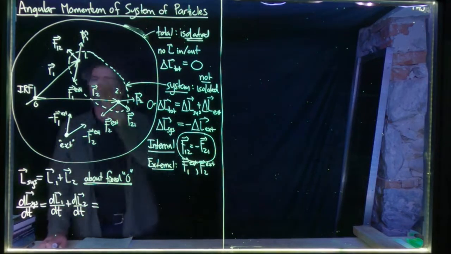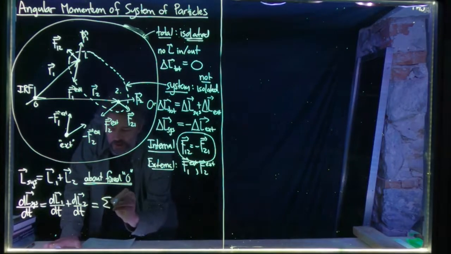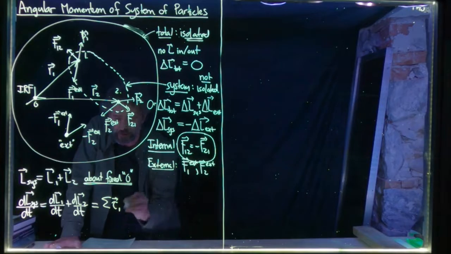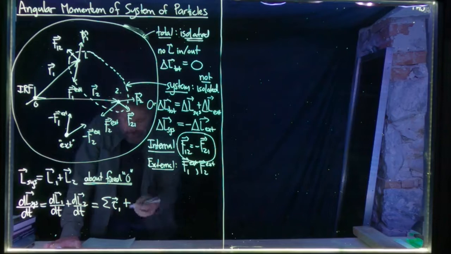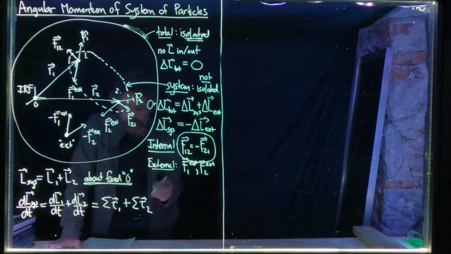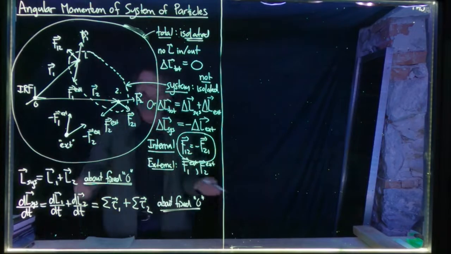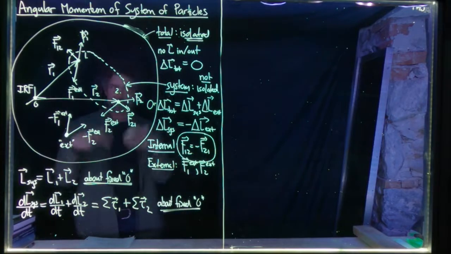So the change in the angular momentum of particle number 1 is going to equal the net torque, the sum of all of the torques acting on particle number 1, plus the change in the angular momentum of particle number 2 about that fixed point O, which is going to be the net torque that all of the forces acting on particle number 2 exert about that point O. Again, I'll reiterate, these torques are being evaluated about the fixed point O. It doesn't matter what point we choose, but as soon as we choose one, we have to stick to it throughout the entire analysis.